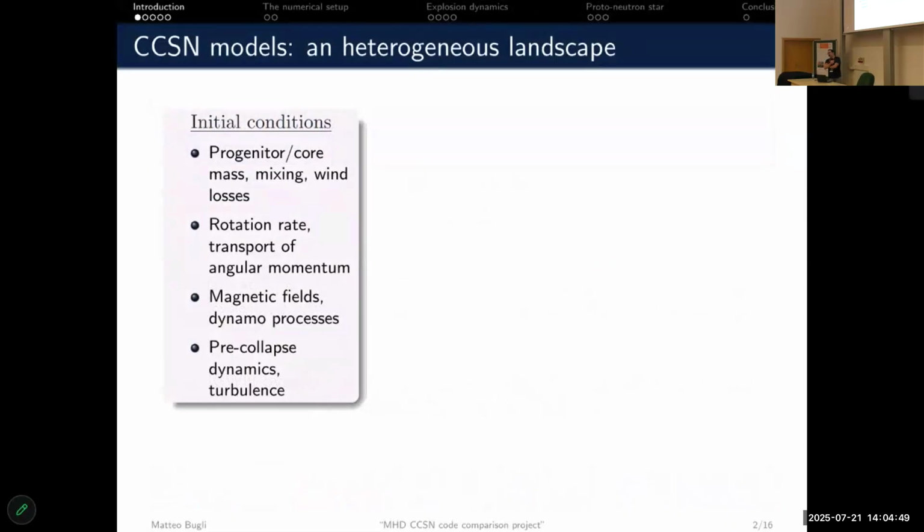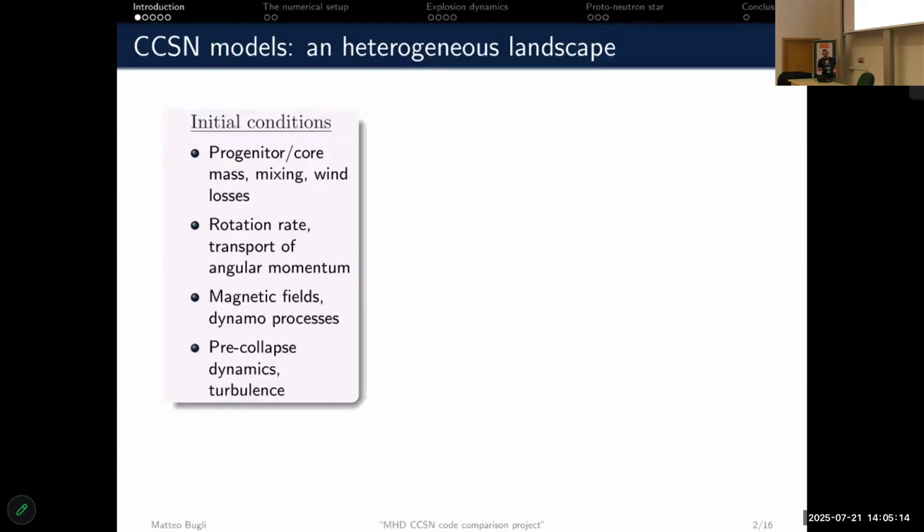We heard from Bernard's lecture a very detailed and complete exposition of what modeling a core-collapse supernova is all about. I will just focus on, once again, the intricacy of having to deal with a lot of uncertainties and a lot of different conditions that define what a numerical model actually is constituted of.